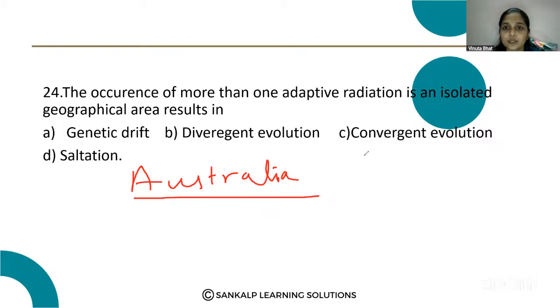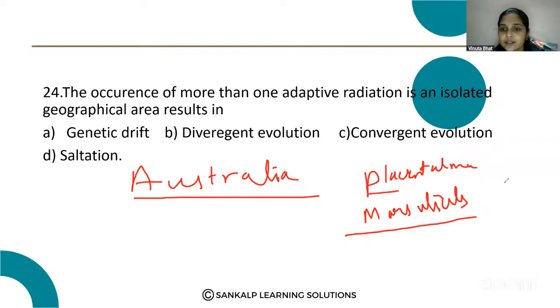In that same continent, you can observe the adaptive radiation of placental mammals, and also of Australian marsupials.